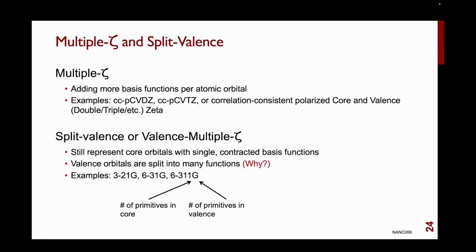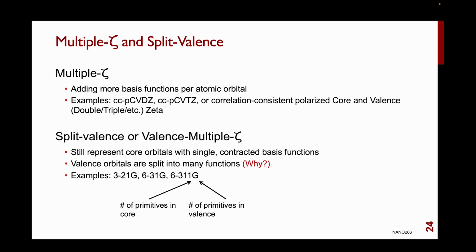CV means core and valence, and D or T just stands for double zeta or triple zeta. Essentially, you can just think of it that instead of just using 3 Gaussian type orbitals for each of my atomic orbitals, I'm going to use more. I'm going to just keep adding more basis functions per atomic orbital.